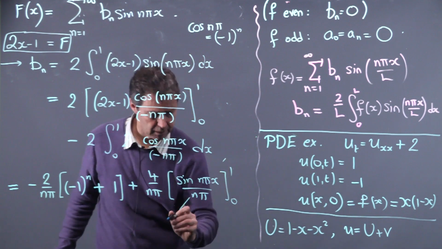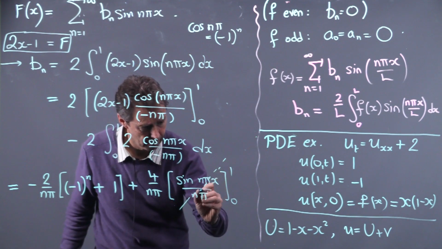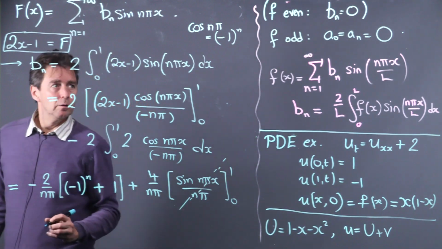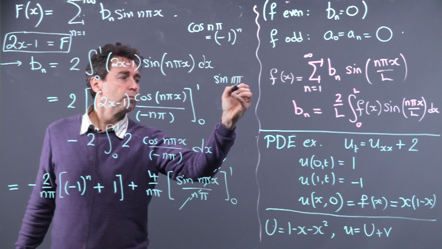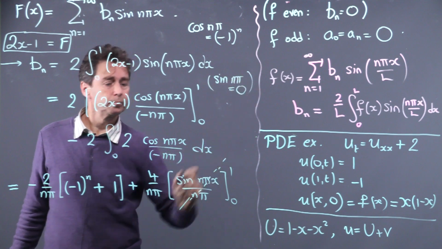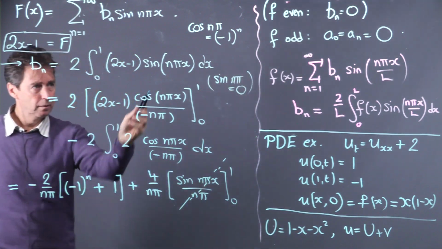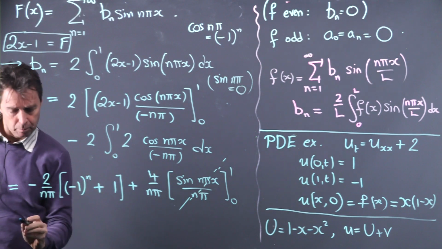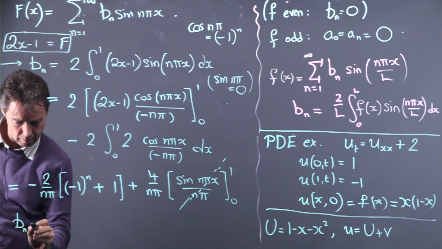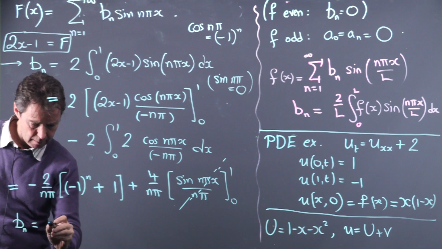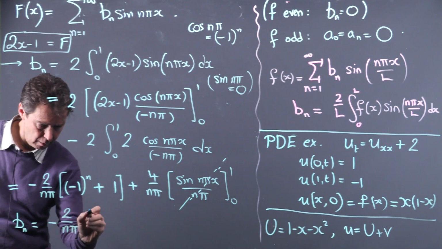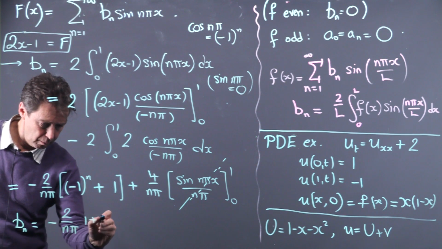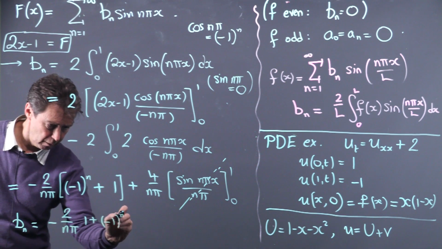So that term is actually 0. So I'll get rid of that. I'll get the result here. So Bn is equal to minus 2 over n pi, 1 plus minus 1 to the n.